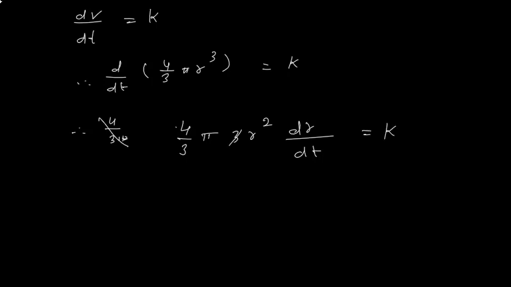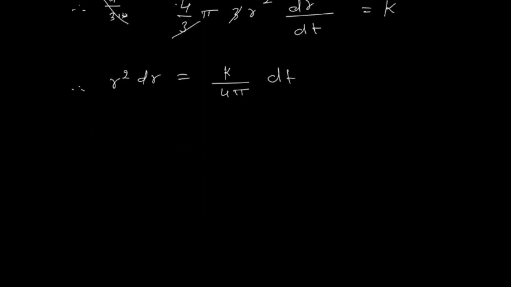So this 3 and 3 will cancel. Therefore, I will keep all r on one side, that is r square into dr will be equal to, 4 pi will move over, so k upon 4 pi into dt.